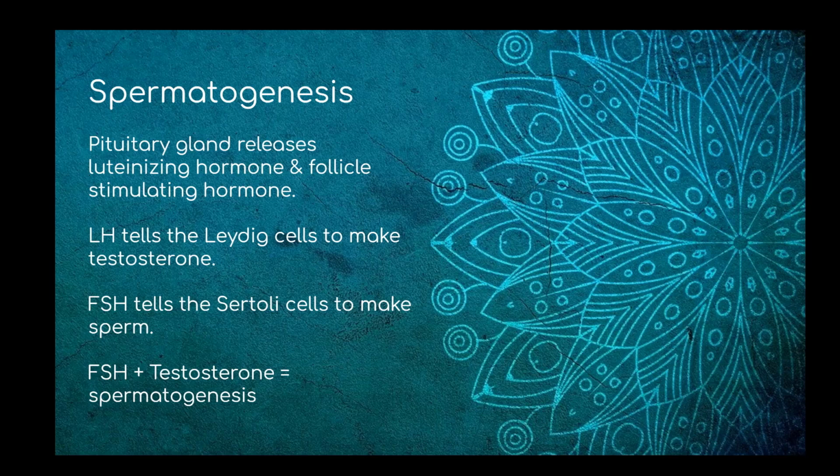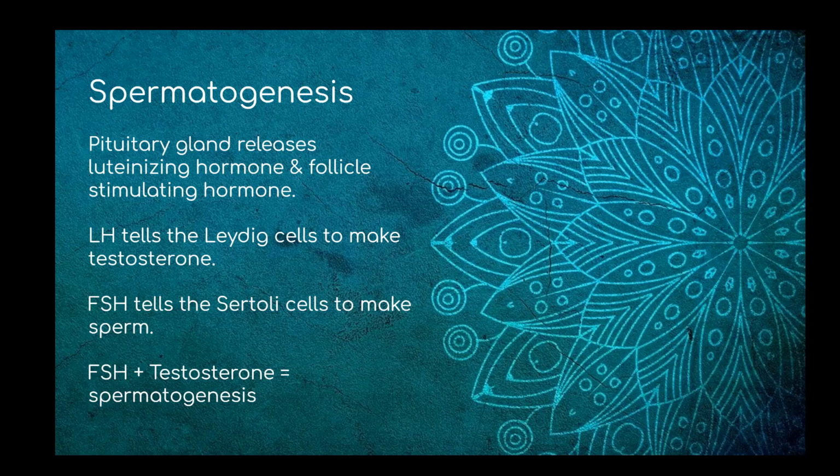The follicle stimulating hormone then is going to tell the Sertoli cells to make sperm. So we've got follicle stimulating S hormone tells the Sertoli cells, the S Sertoli cells, to make sperm, S sperm. So we got S's there. So L's for testosterone, S's for sperm.